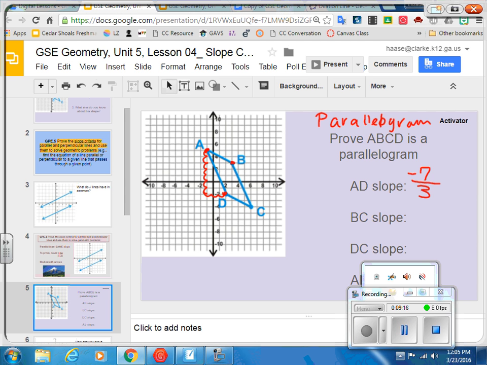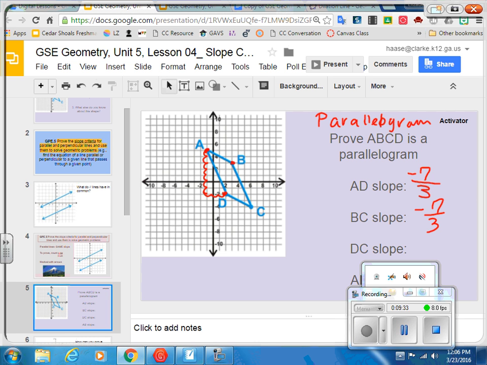What'd you get? Now, BC is -7 over 3. So what can we say about AD and BC? They're parallel. More importantly, how do I mark that on my parallelogram?